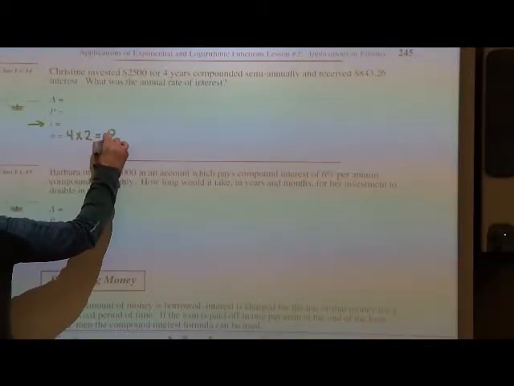How many compounding periods do I have? 8. And how did you get 8? For 4 years and then twice a year. Okay, compounded semi-annually, so twice a year, 4 years. What's my principal amount? What did I start off with? 2,500.